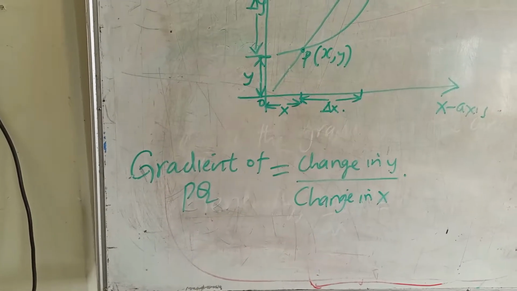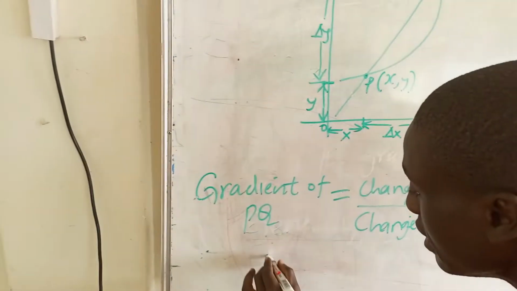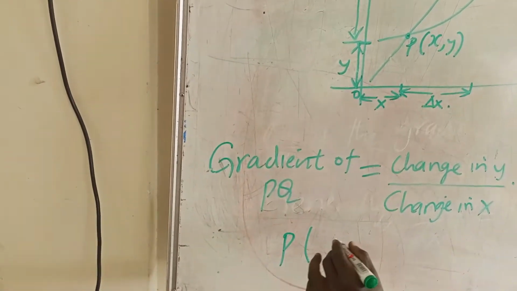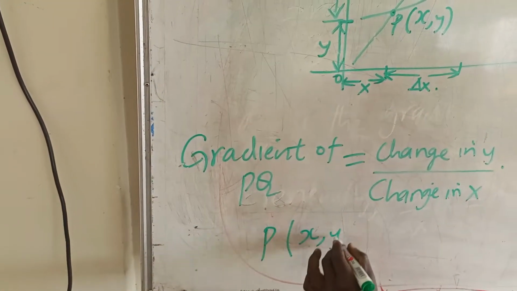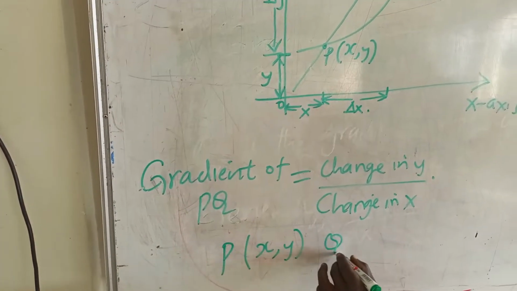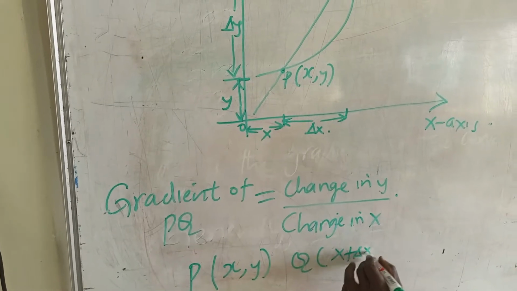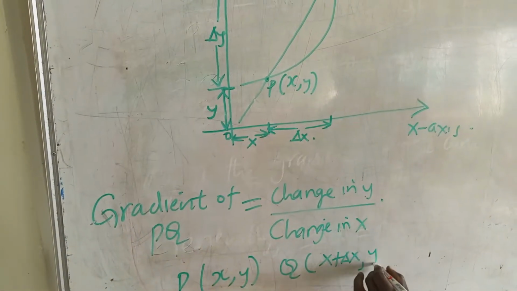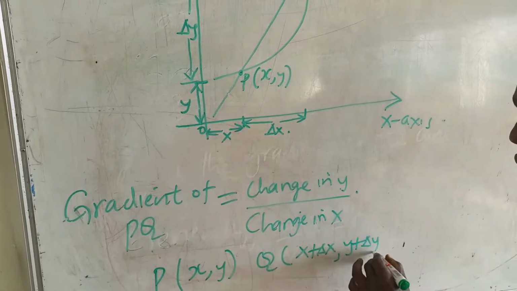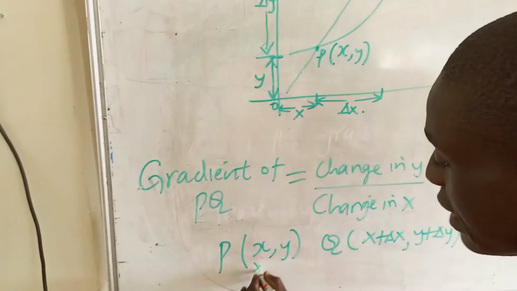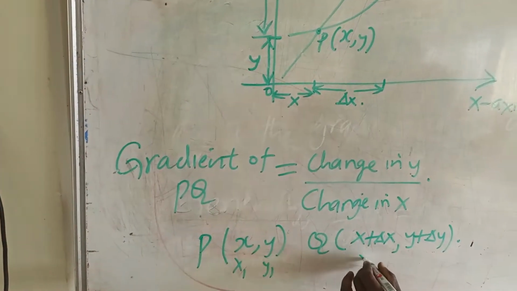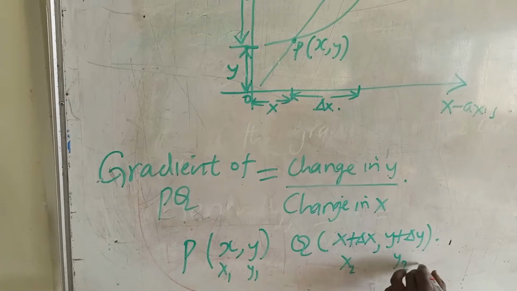And we know that if I have these coordinates, this is P, that is x, comma y, and then Q, which is x plus change in x, and y plus change in y. This is x1, y1, this is x2, y2.